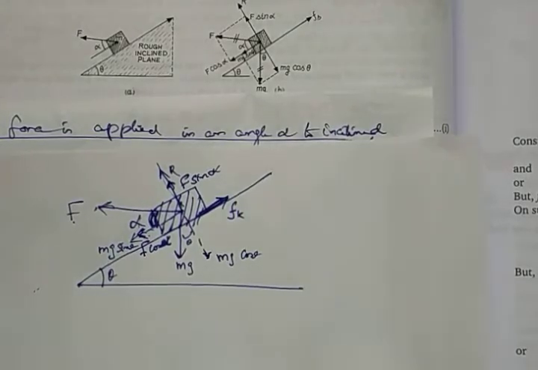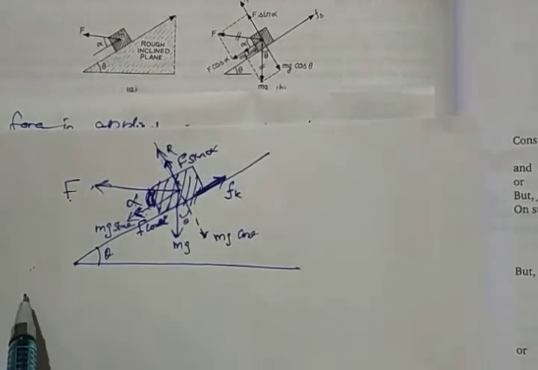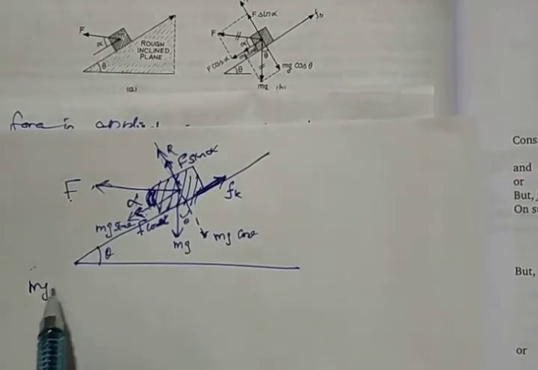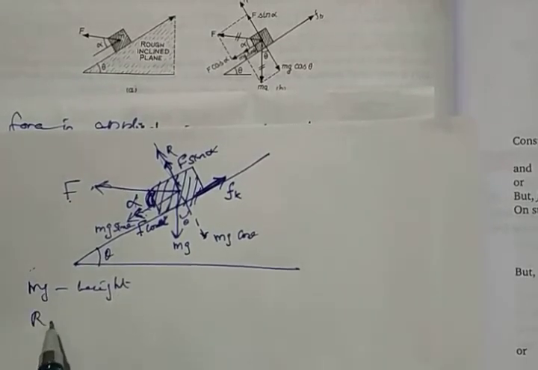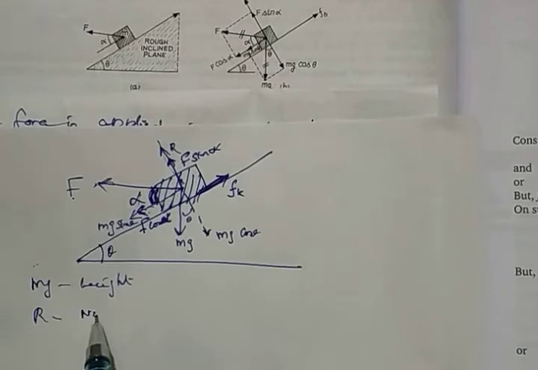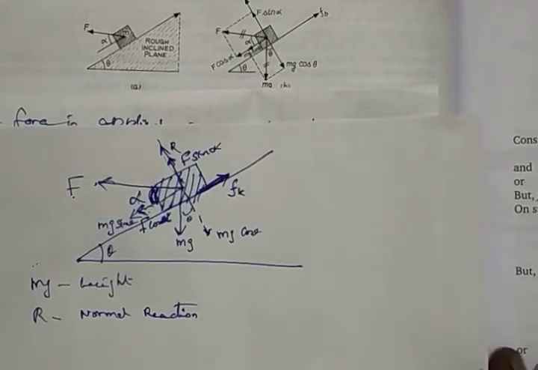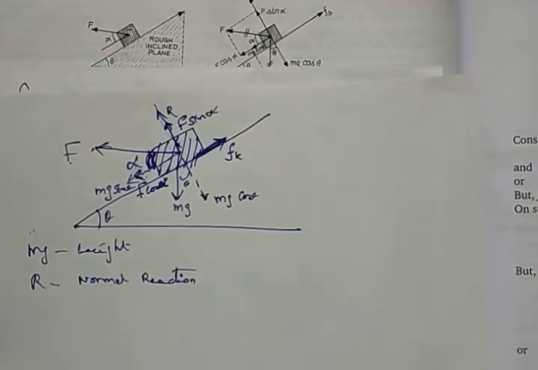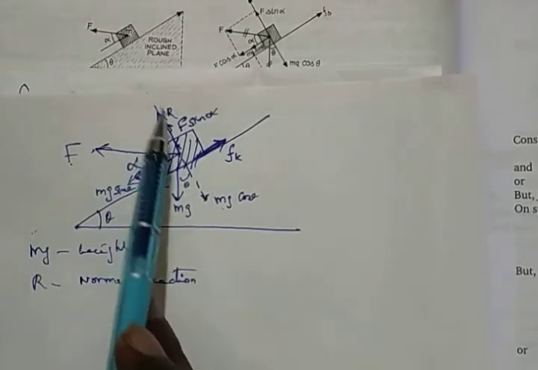Now all things are set. You can write down a few steps now. What is mg? The weight acting downwards. And then what is R? The normal reaction. The usual thing that we write, you cannot write now. It is a little different, so we need to be a little careful about what we write. So what is it in the vertical here?